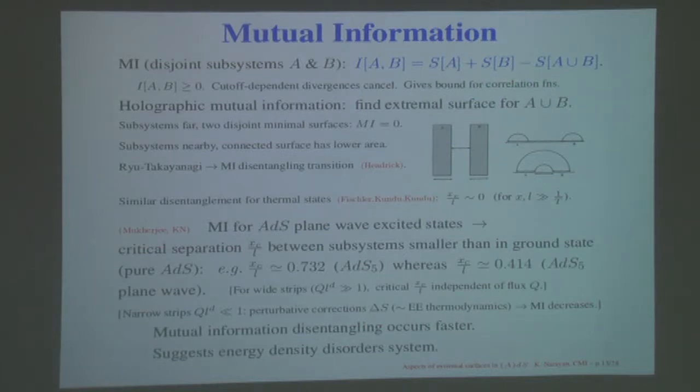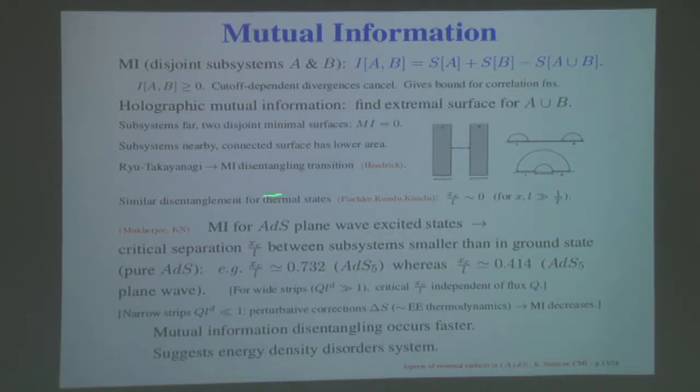And holographically, in the context that I'm talking about, one considers two strip subsystems, and the non-trivial part of this calculation is the extremal surface for the A union B. When the two subsystems are far apart, you expect that these two little bumps, these independent surfaces, have lower area, because it costs a lot of area to construct this. But when they are nearby, there is a connected surface, which in fact turns out to have lower area, and this has been checked for various ground states and so on and so forth.